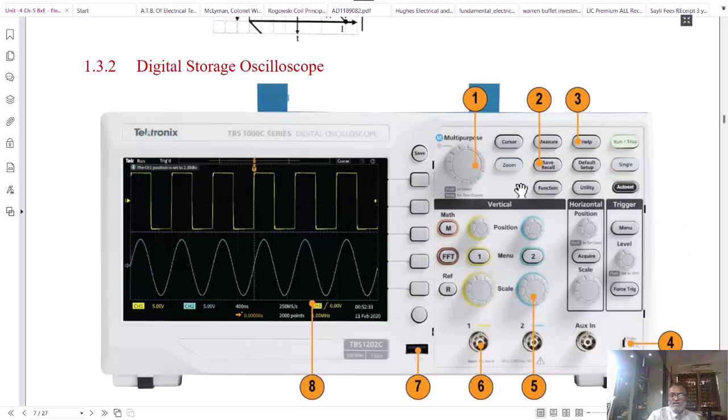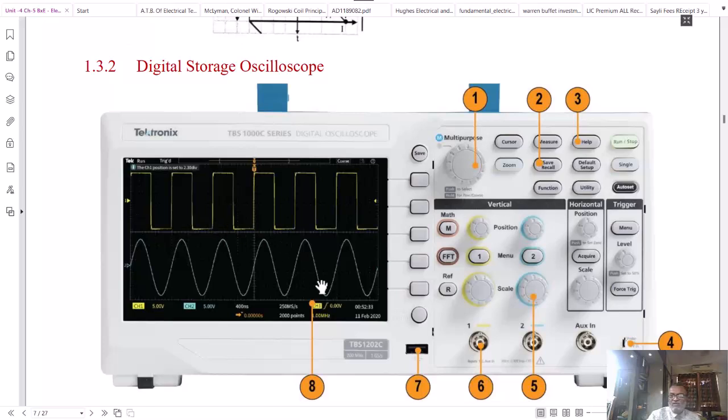There is an additional button function. When this button is pressed, a menu appears here, and that menu provides you many facilities so that you can measure the voltage, which can be the peak voltage, the average value of the signal, and so on. Whereas on the x-axis, functions are available to measure the time period, to measure the delta t values, and so on.